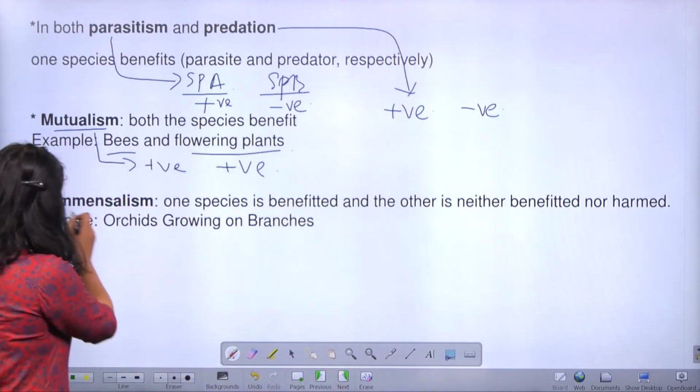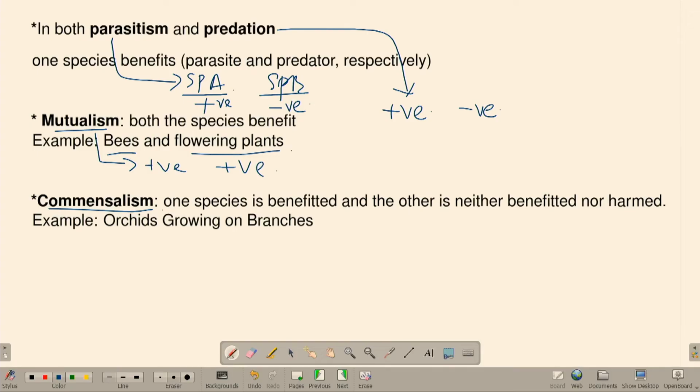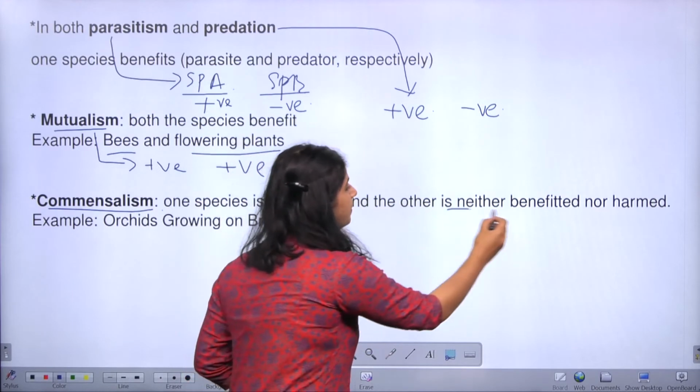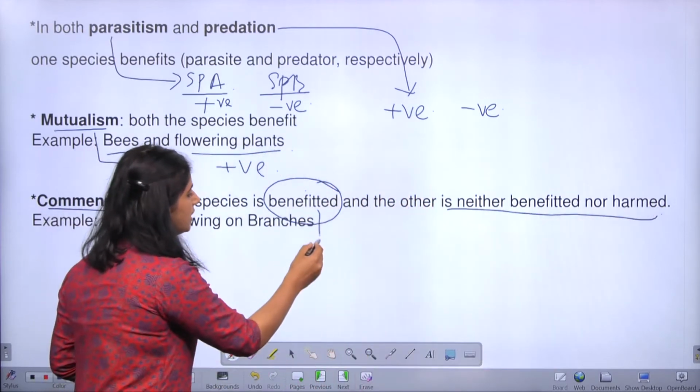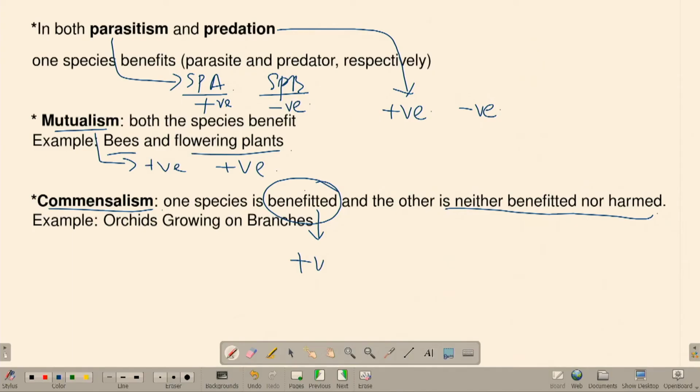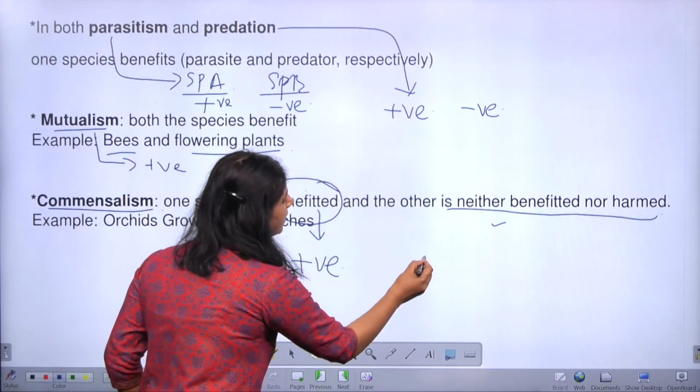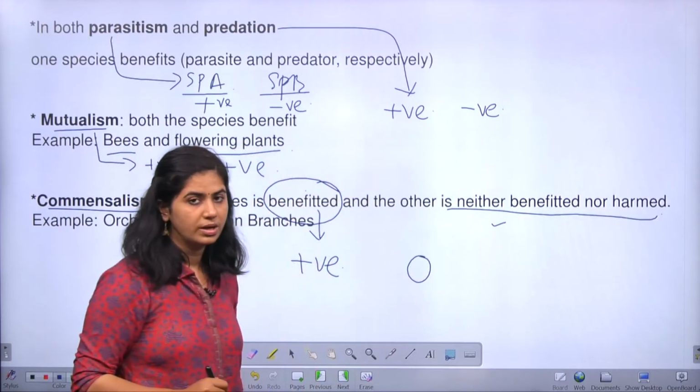The next one is commensalism. In commensalism, one species is benefited and the other one is neither benefited nor harmed. So one species will be on the positive side, and the second species, neither benefited nor harmed, will be given a sign of 0, right?